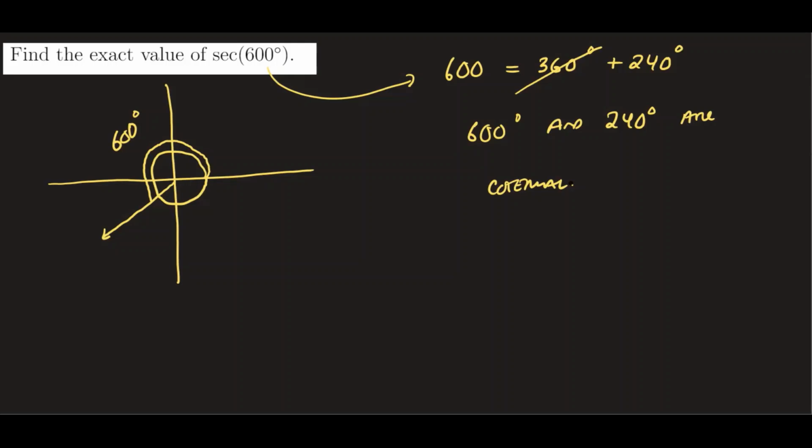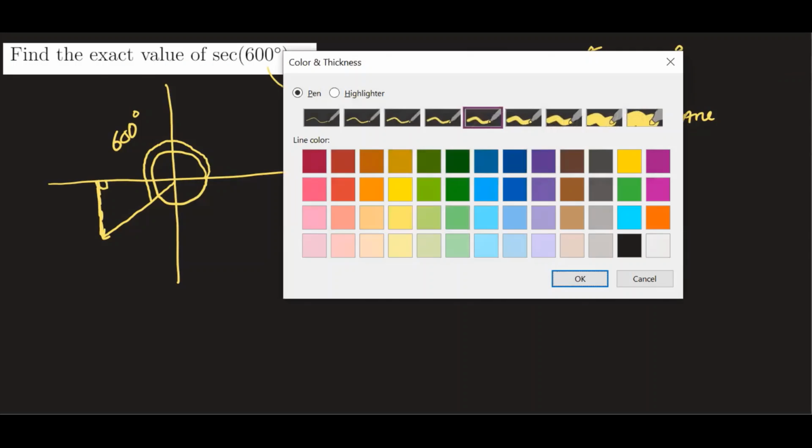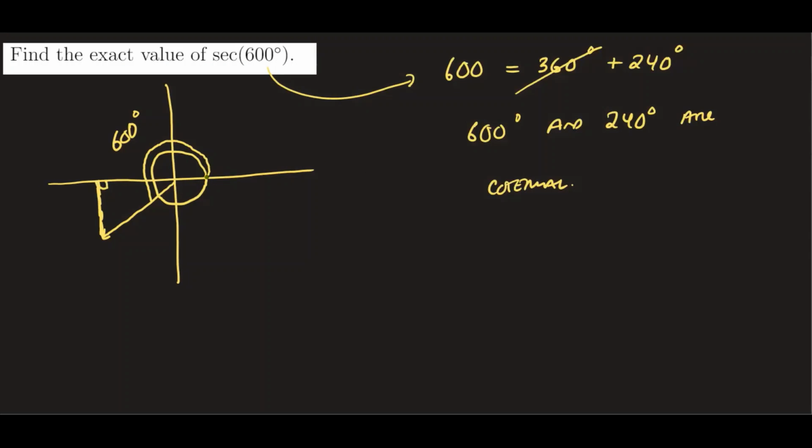So here's the right triangle. And since we went around 240, that means the reference angle is going to be 240 minus 180, which would give us 60 degrees. So our reference angle is going to be 60 degrees.